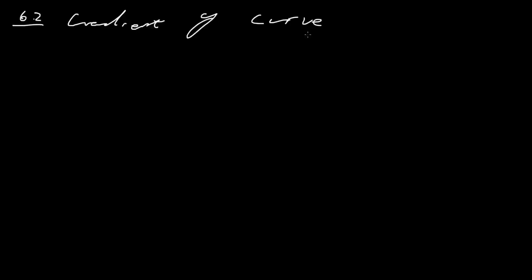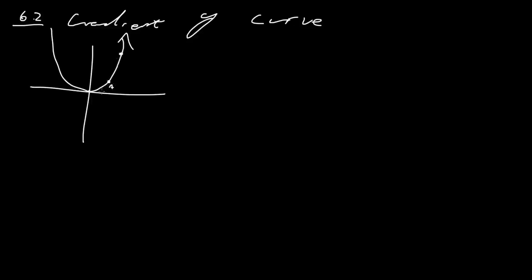This section basically gives you a curve, and they say consider this curve. It's a parabola. And they say find the gradient of the curve at point A. Call this point A.